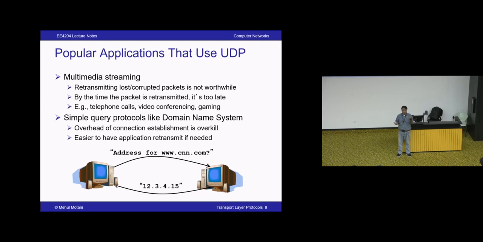Skype, Facebook, WhatsApp all have a TCP version, and they work fine. So this tells you the network is getting very good, becoming very stable and somewhat reliable. But there are still real-time applications that use UDP, and other applications like DNS that don't require reliability, so they use UDP instead of TCP.